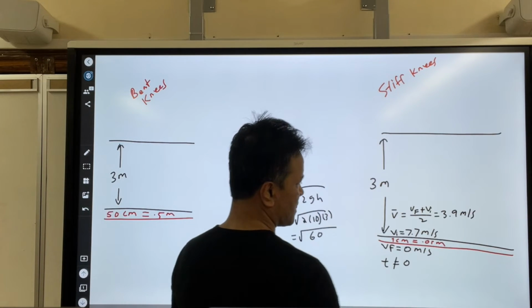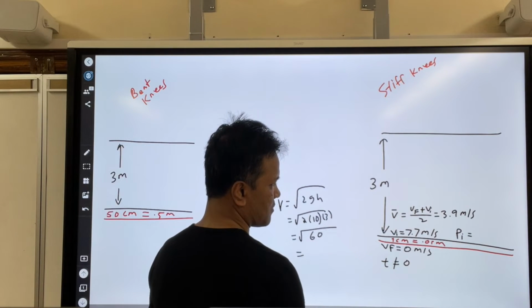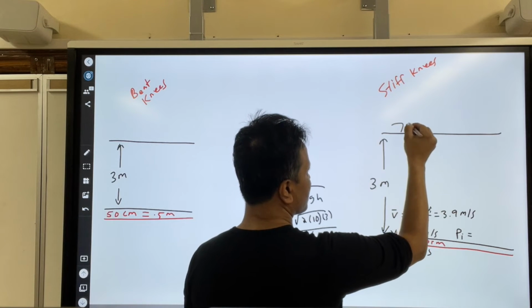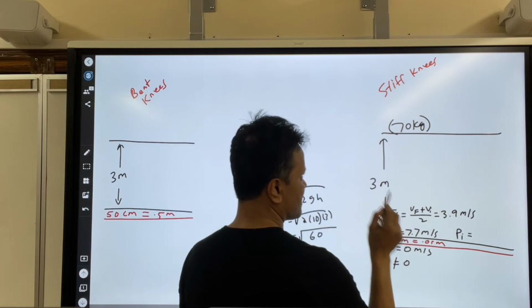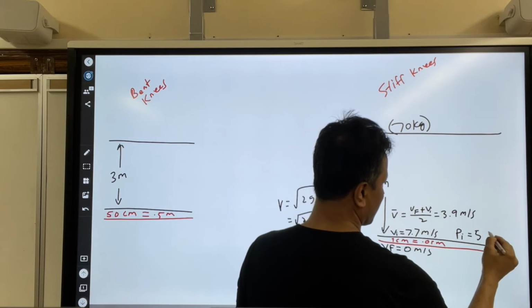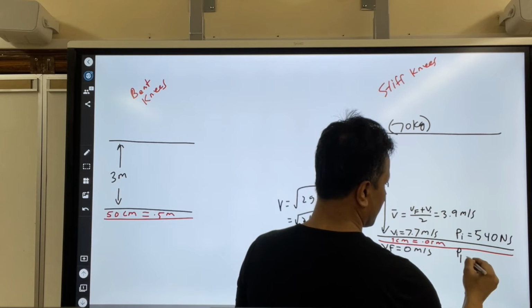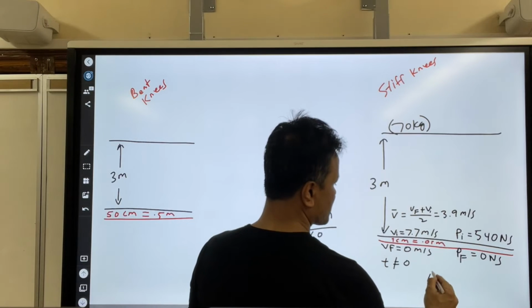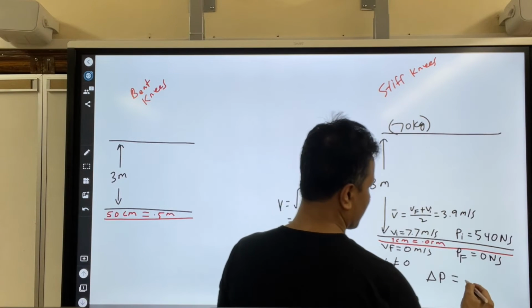Let's find the momentum initial. 7.7 times mass, which is 70 kilogram. 7.7 times 70, 540 Newton second. P final will be 0 Newton second. So what is impulse? Impulse is negative 540.